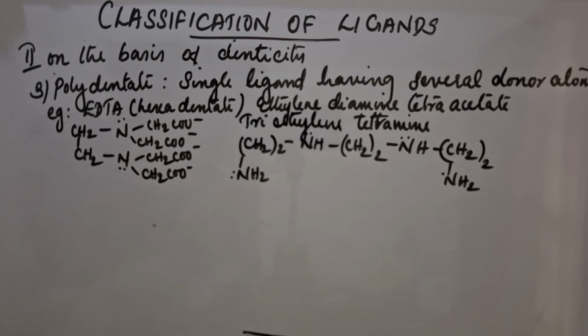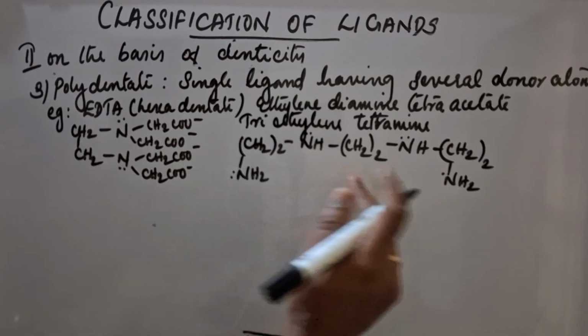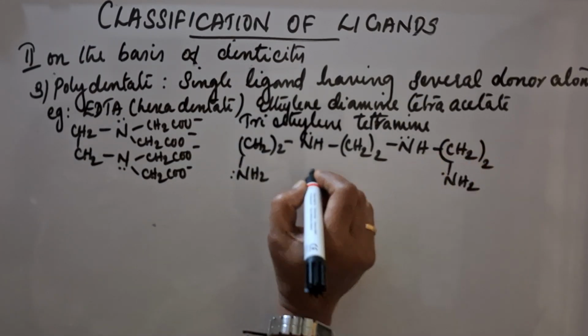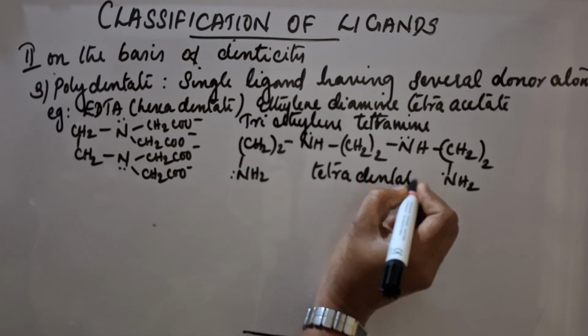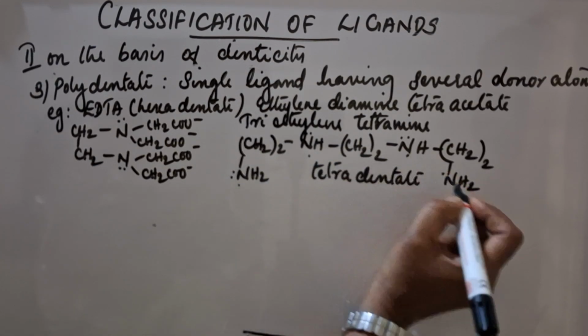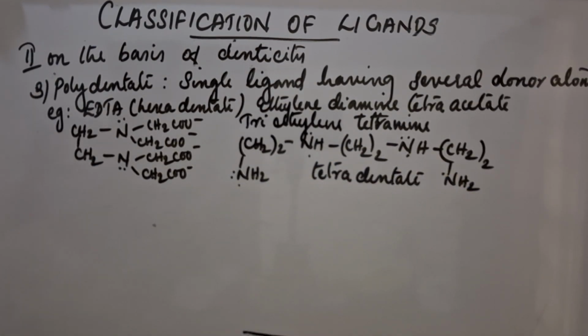This is another example. This is a tetradentate. See, 1, 2, 3, 4. Four coordinate bonds are formed with the central atom.